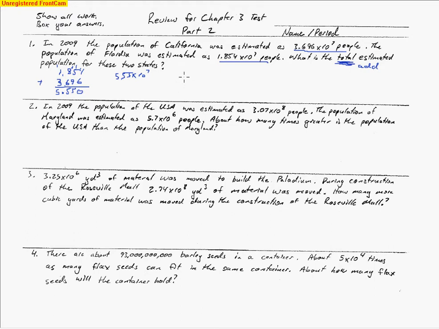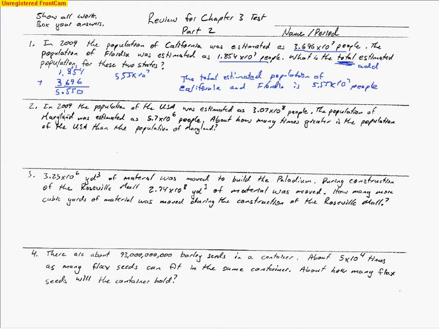So we can say the total estimated population of California and Florida is, and we could say 5.55 times 10 to the 7th power. And we can even write in there the units, which are people in this case.